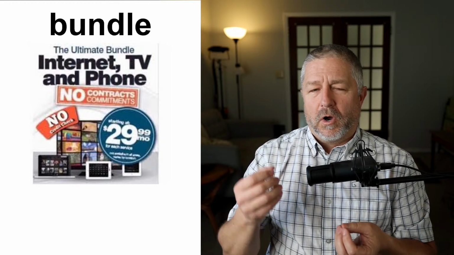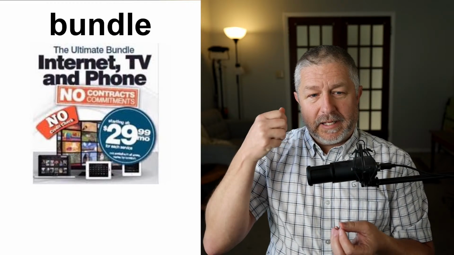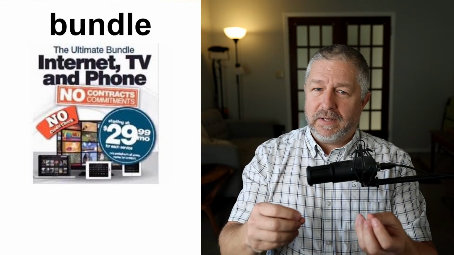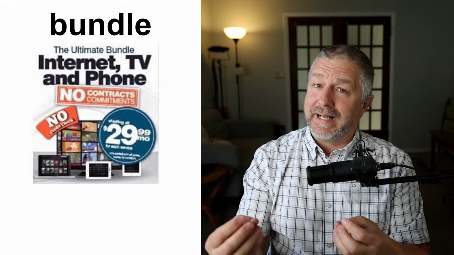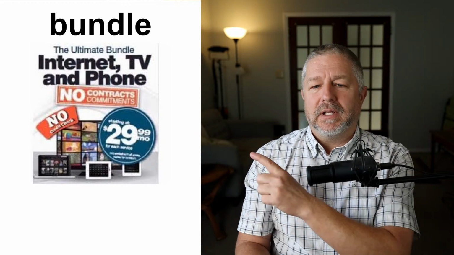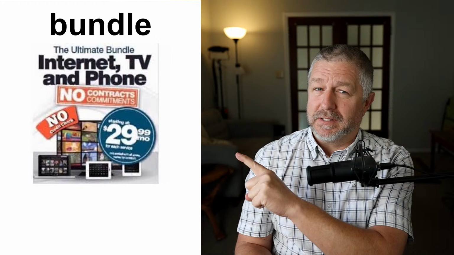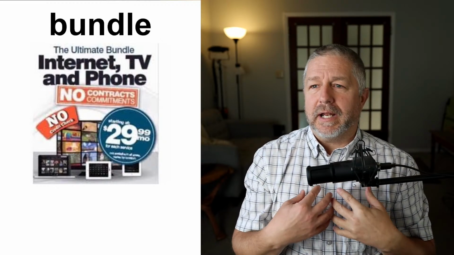Home phone and internet and TV, some of them all come on the same cable, or it can come on the same cable. You can get all of it from the same company sometimes, and this is called a bundle. So I could get a bundle.